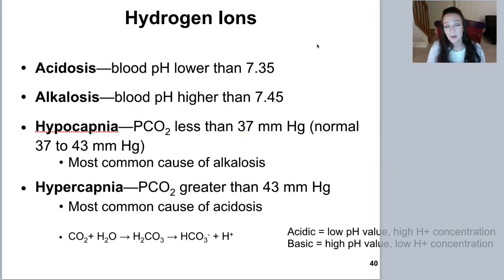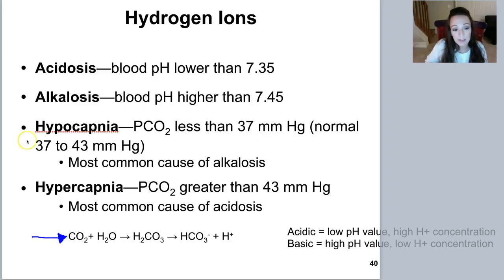I decided to type it out on the slide because I thought it would be a lot easier and clearer for you to read. So we have our equation here. This is the one we were discussing earlier. Remember, this is the chemical equation for the bicarbonate buffer system. And the reason that hypocapnia causes alkalosis is found in this equation right here.